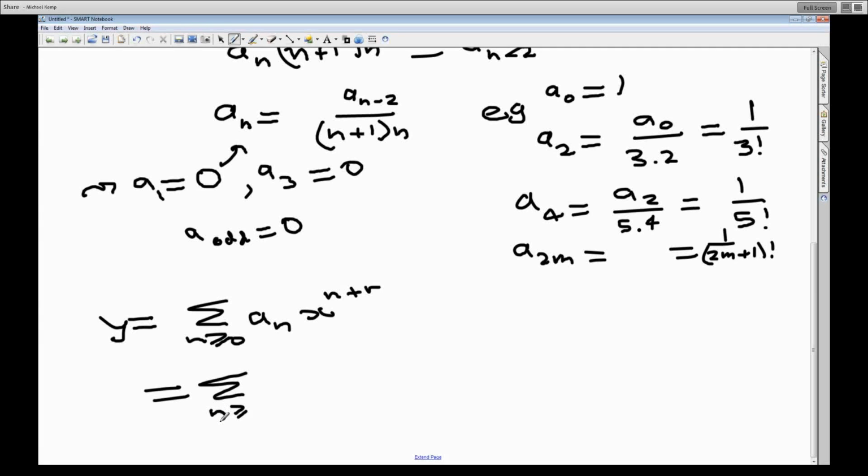Really it's just the even terms that matter, and therefore we might as well sum over m. So it's x to the even power plus r, which was minus 2, and all the coefficients for even terms are 1 over 2m plus 1 factorial.